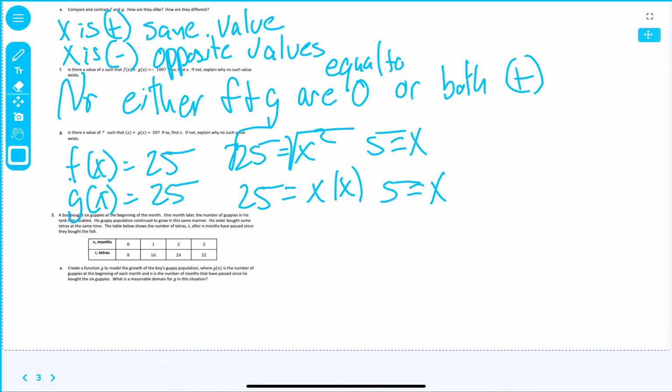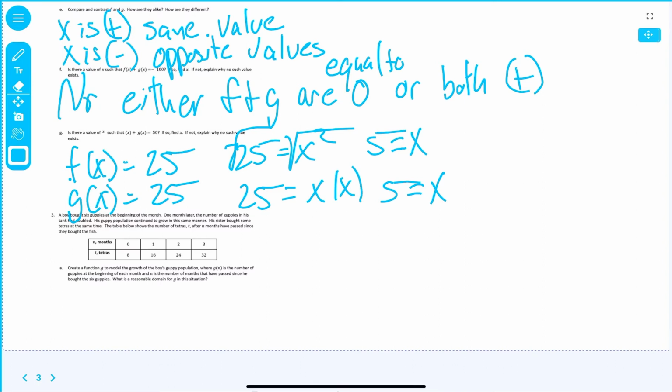Create a function G to model the growth of the boy's guppy population, where G of N is the number of guppies at the beginning of each month, and N is the number of months that has passed since he bought 6 guppies. What is a reasonable domain for G in this situation?